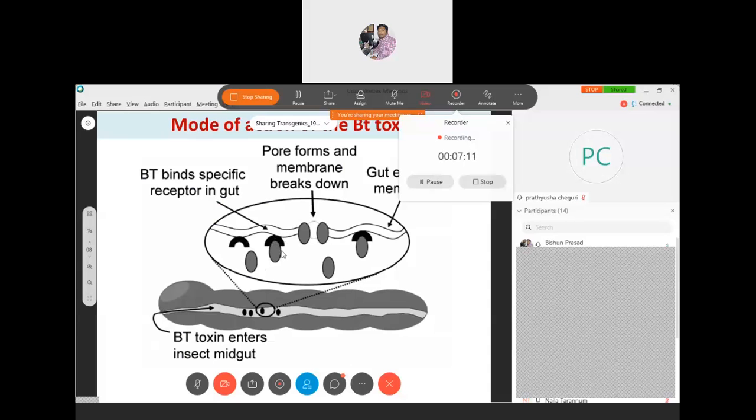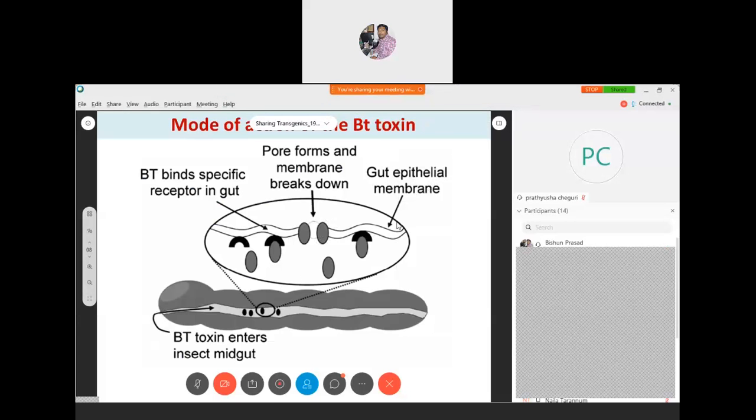The solubilized as well as activated protein will bind to the cadherin receptor which is present in the insect midgut, and there is a formation of pore. And this formation of pore, what it does, the water enters into this pore, and your larvae will burst out. So this is how this Bt toxin will work.